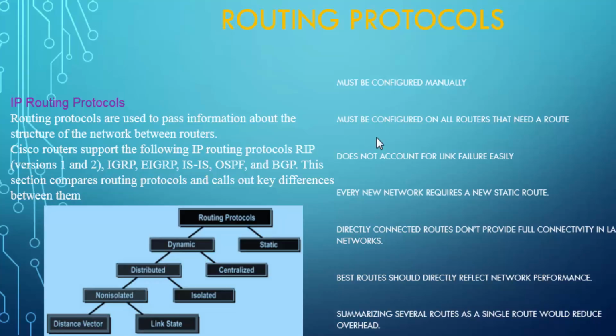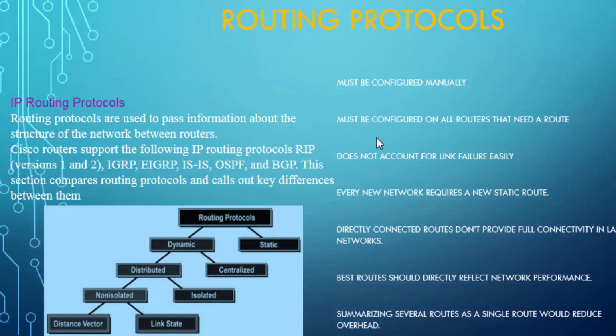Second thing, it must be configured on all routers that need a route. That means if you have 10 routers, you're gonna need to configure those 10 routers at once, not only one. You need to, the routing protocols do not account for link failure easily.